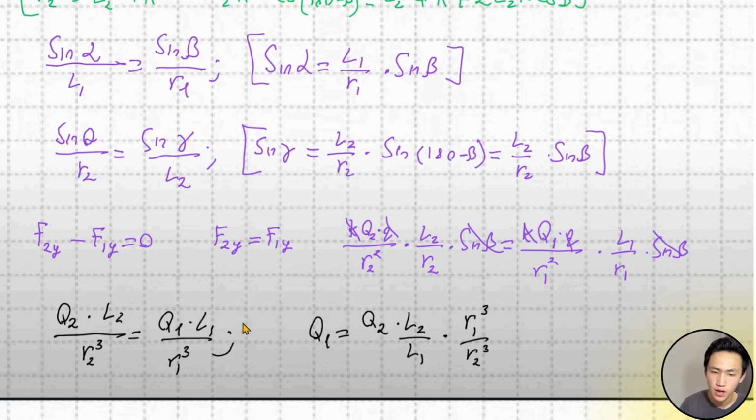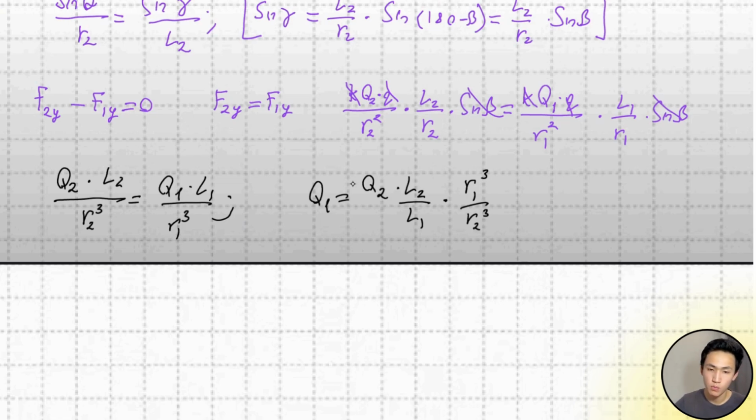So according to this formula, we have Q2 and L2 over L1.